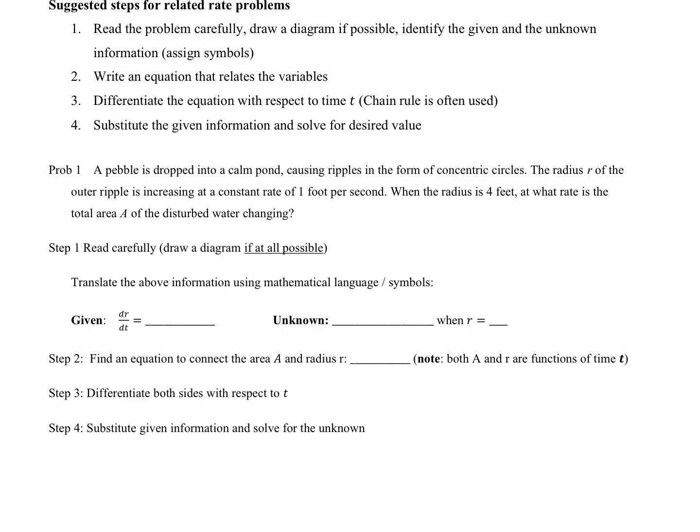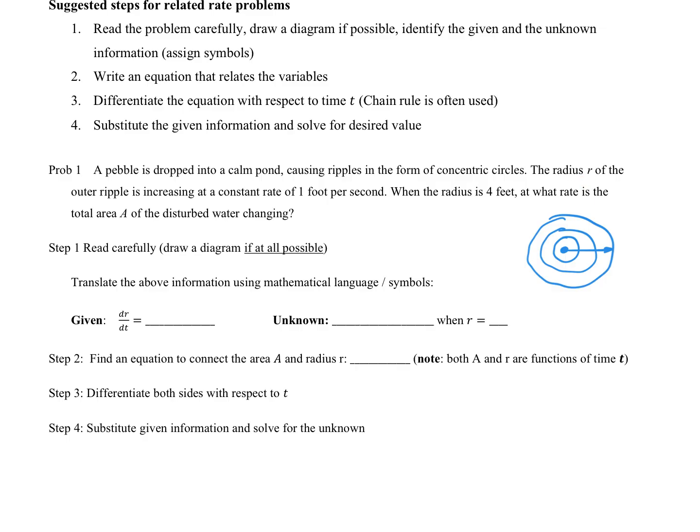So when a pebble is dropped on calm water, it will create ripples, right? So concentric circles, and the radius is getting larger and larger. And so here, what do we know? We look at the radius r.